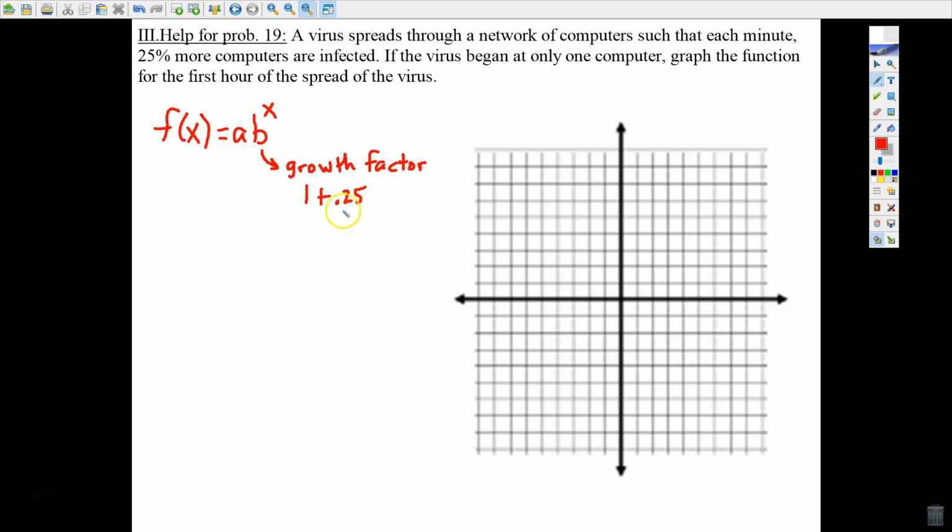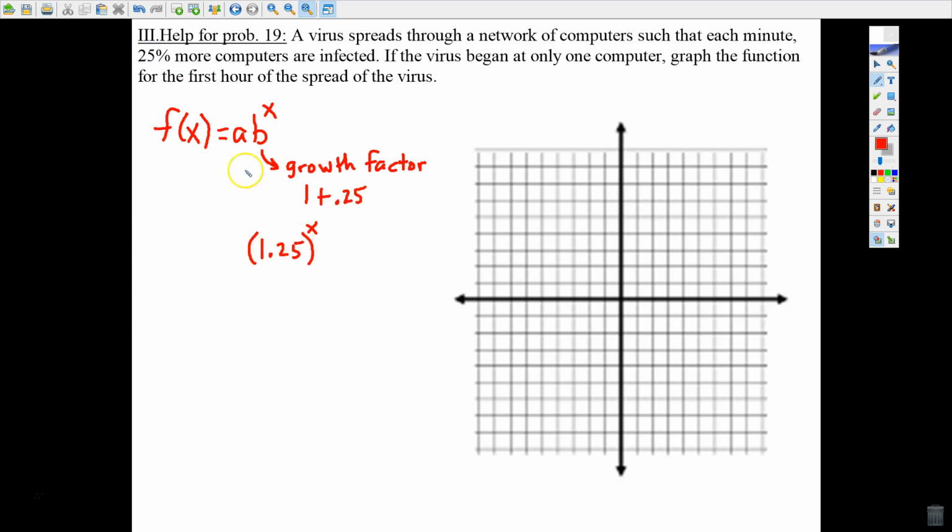Well, 1 plus 0.25 is 1.25. Okay, so my B number is 1.25, and that's another way of saying the growth factor. And again, if you want to find it in these word problems, you always start with 1, and for growth, you always add, and you'll always be given a percentage of growth, so just change that percent to decimal, and you'll have it.